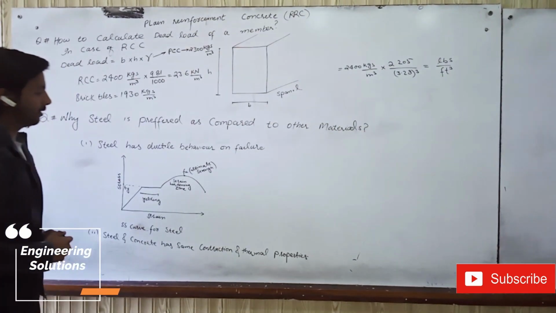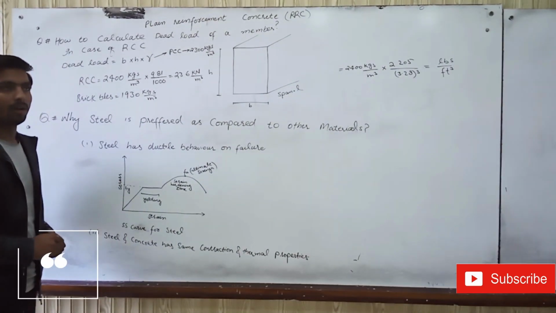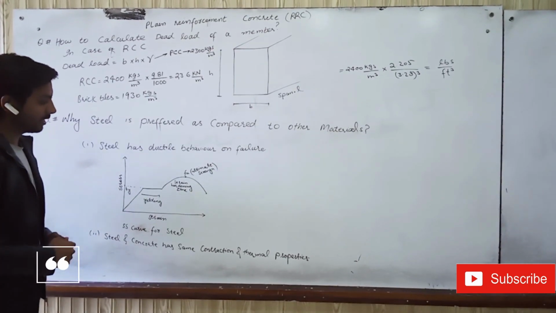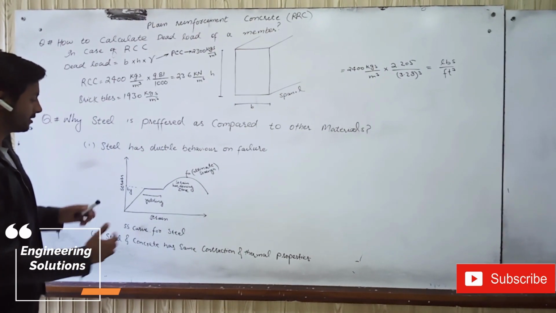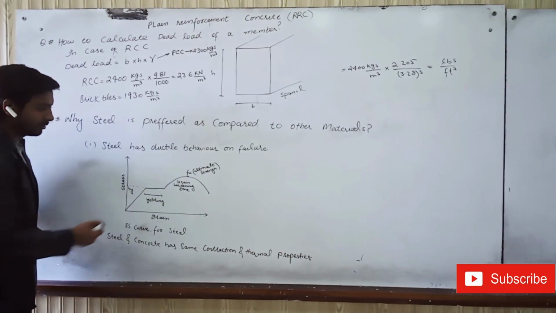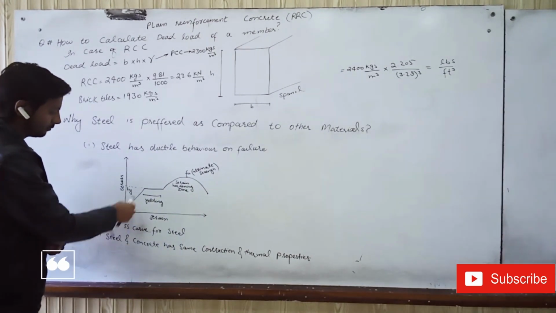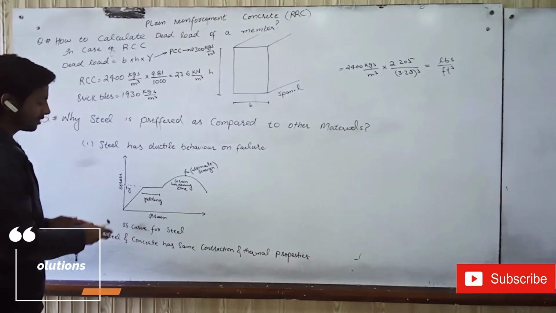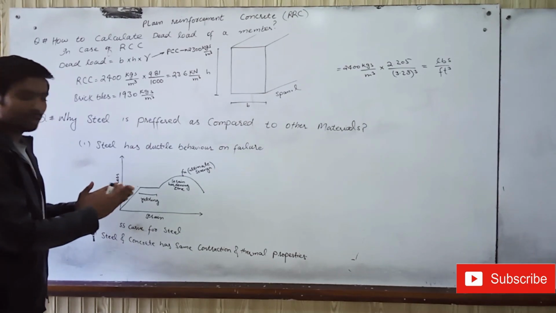When a steel specimen is tested in a universal testing machine, the stress strain curve obtained is just like this curve, in which there are three different zones. The first zone is known as the proportional zone, in which the stress is proportional to the strain.